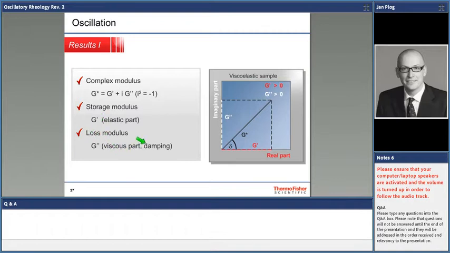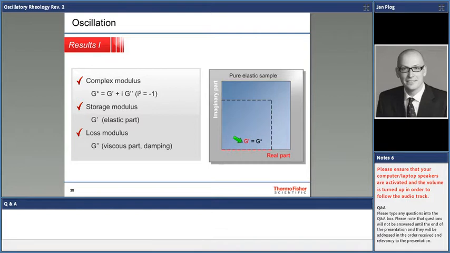Some people also call it the damping. All that depends on the phase angle we have to take into account. In this graphical depiction, when the phase angle goes to 90 degrees, your G star, your complex modulus, becomes just G double prime, purely viscous behavior. When your delta becomes 0, your complex modulus becomes G prime, the elastic modulus.